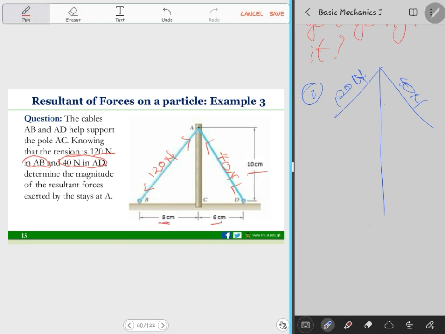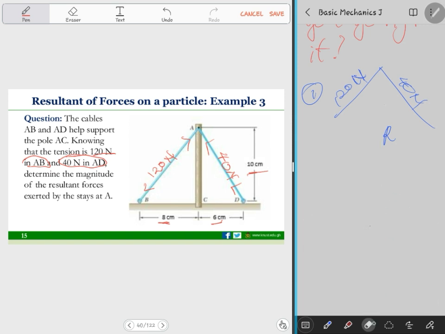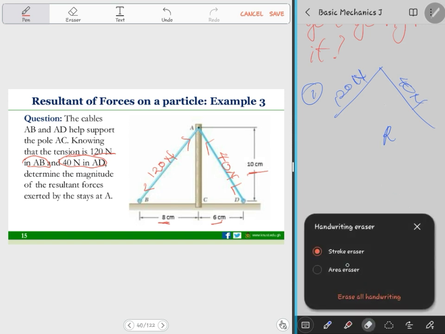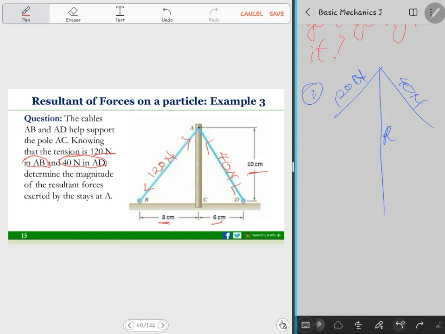So here's where our trigonometry plays a part to help us get our resultant force. So this can be the resultant force. Let's just write it here, resultant.